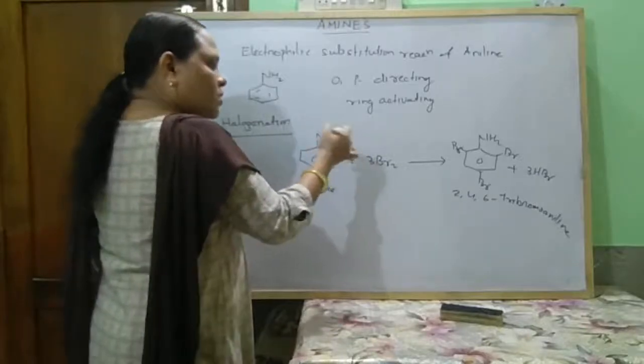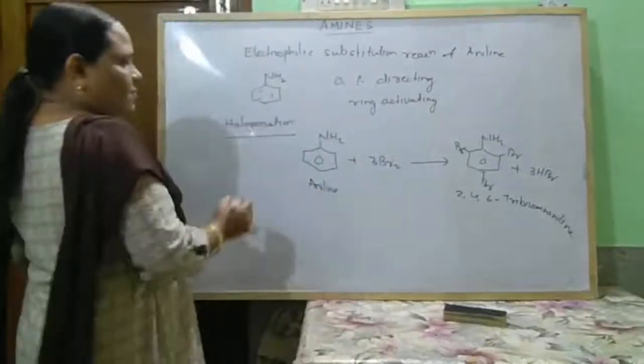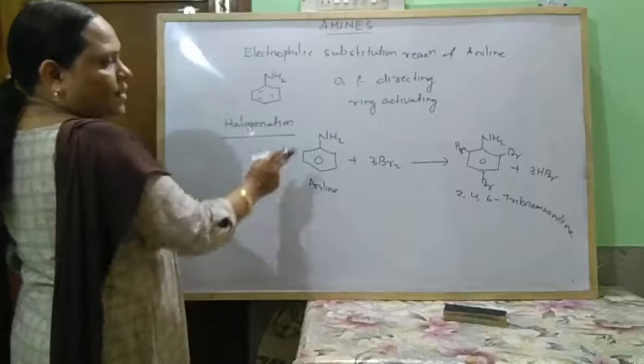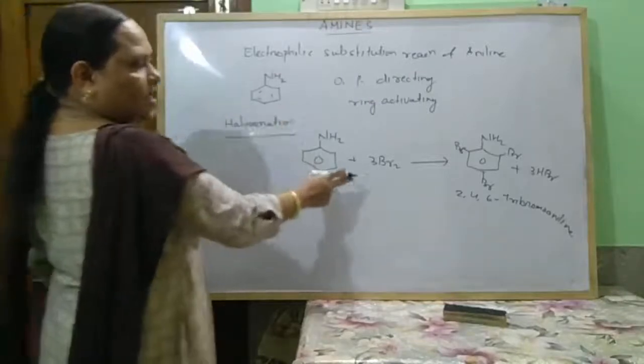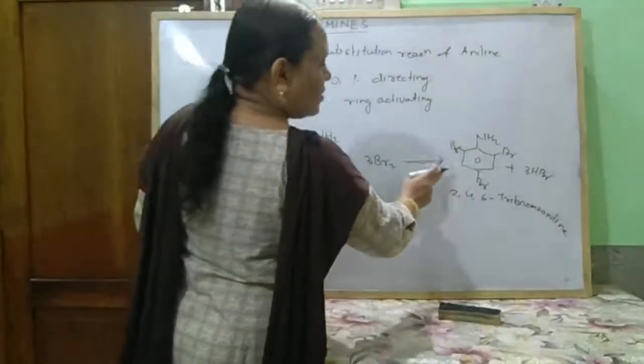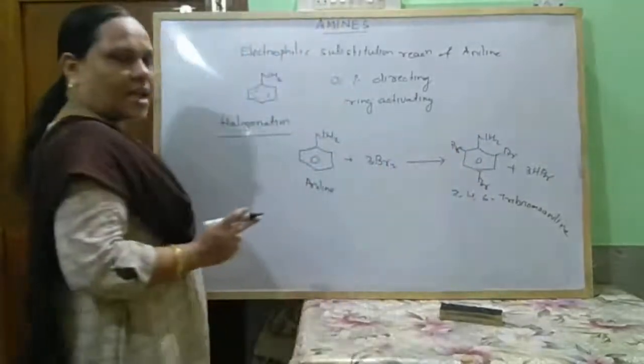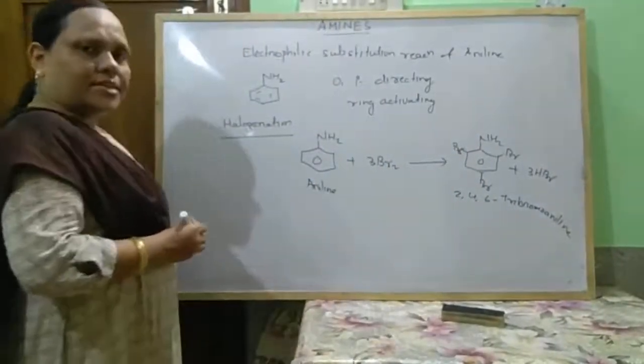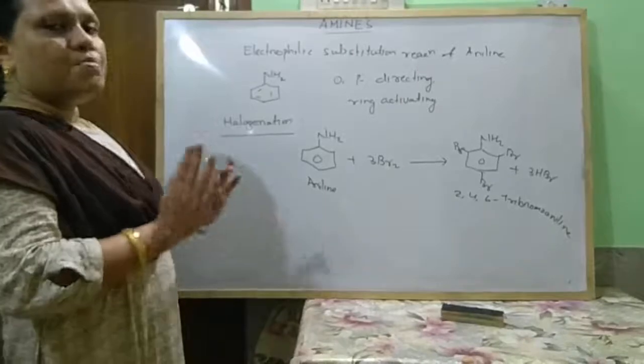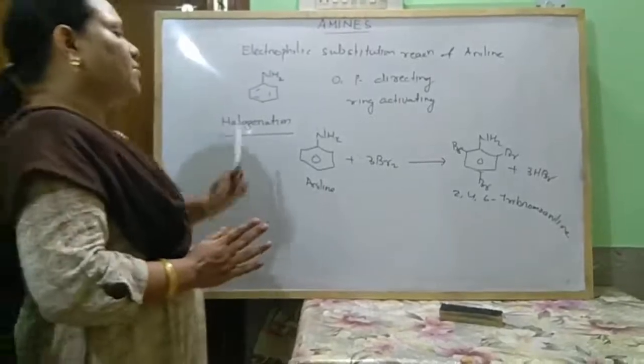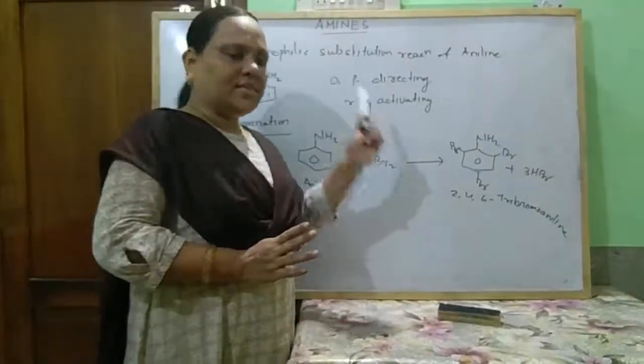So monosubstitution product can be possible. So when simply aniline reacts with bromine water, it forms 2,4,6-tribromoaniline. But if we want to prepare monosubstituted product, then we have to first protect this group.